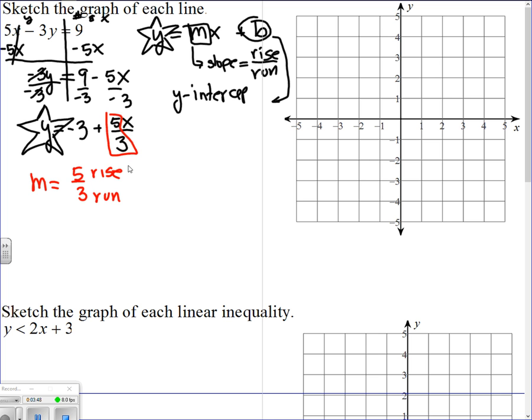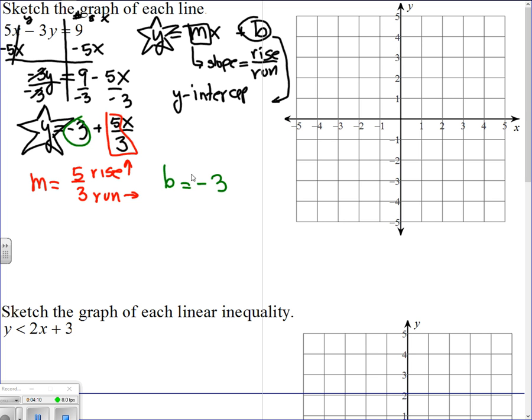Because that's positive, I'm going to go up. Because this is positive, I'm going to go to the right. And now the b value, the number that's all by itself, the b value is negative 3.